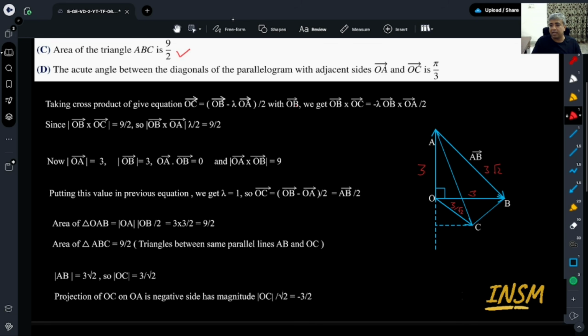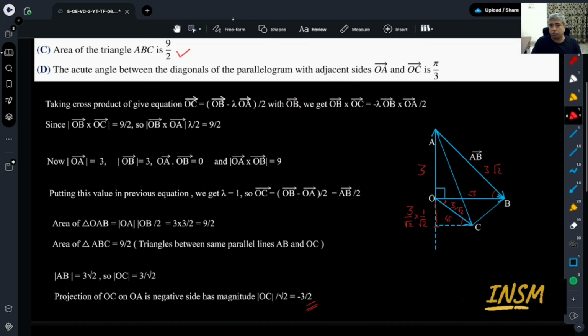And these angles, this is 45 degrees, this is also 45 degrees. So for its projection you just have to take its cos, so it will be 3 by root 2, multiplied by 1 by root 2, which comes out to be 3 by 2, and since it's in the negative direction of OA, it will be minus 3 by 2.